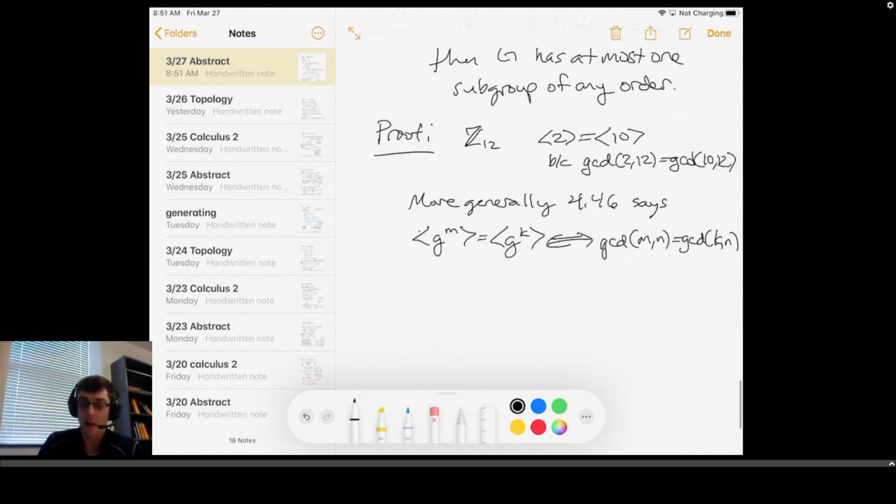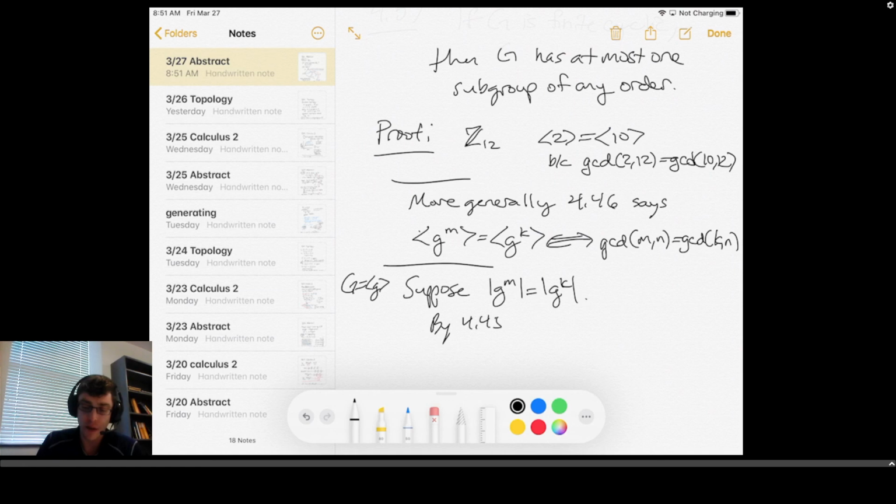So now, just suppose you have two subgroups of the same order, right? So suppose the order of g to the m, so this is kind of an aside, we're not saying that they're equal yet, but just suppose you have two elements inside a cyclic group, right? So G is generated by some g, any element is some integer power of g. So we've got something that looks like this. Well, we know how to get their order, right?